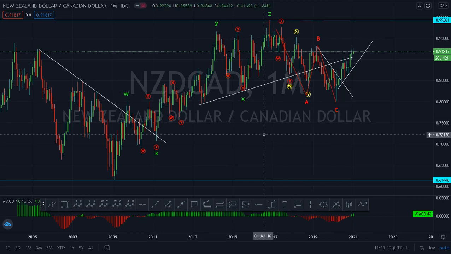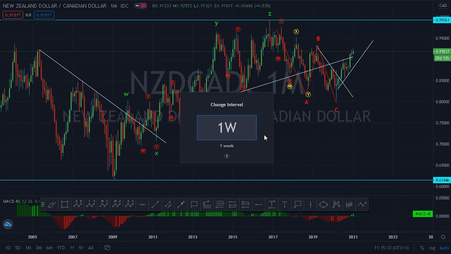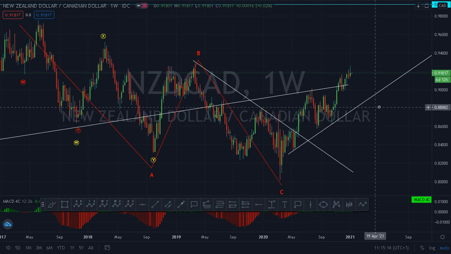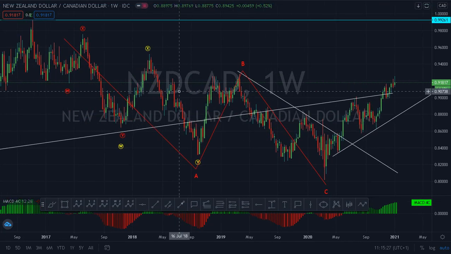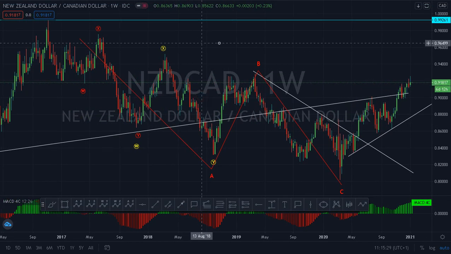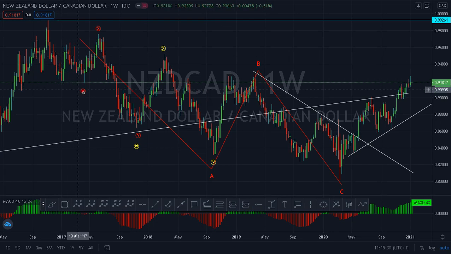Let's go to the weekly chart. On the weekly chart, you can see it's also going in 3 waves again. All I can see here is 3 waves, all the places. This is 1, 2, 3.